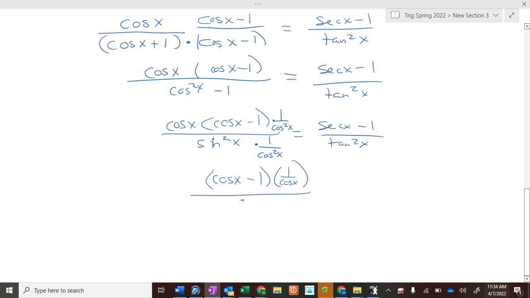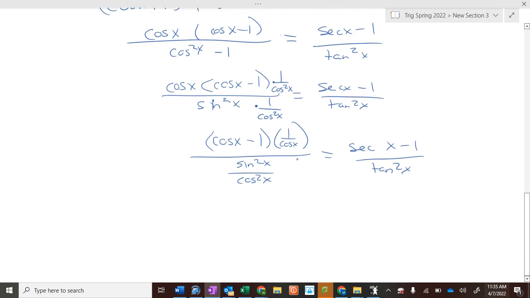And on the bottom, I have sine squared of x over cosine squared of x. What's sine squared over cosine squared? Tangent squared. So I got the bottom to match. If we distribute on the top, we get cosine of x over cosine of x minus 1 over cosine of x. And oh, I think I have a mistake.